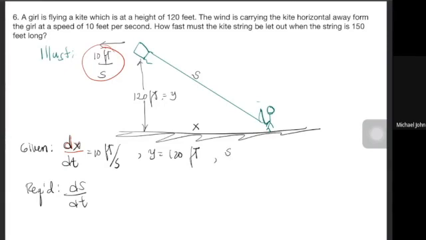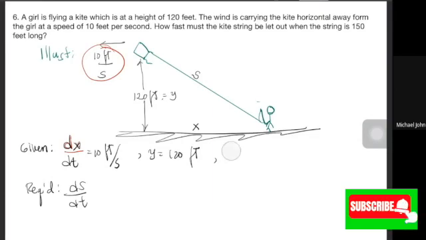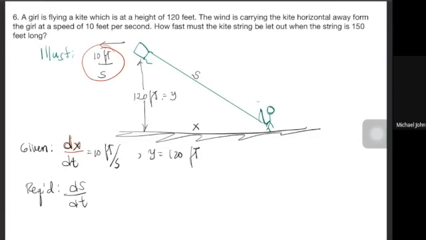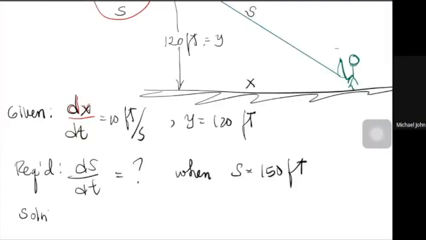Let me rewrite. What is ds/dt when s is 150 feet? We use what? Pythagorean theorem.